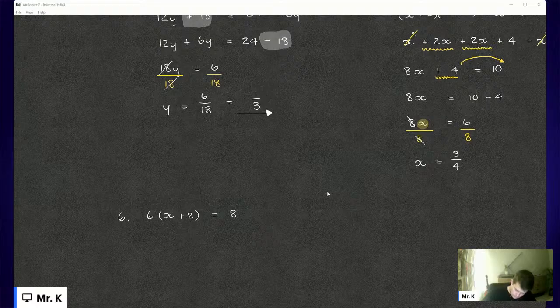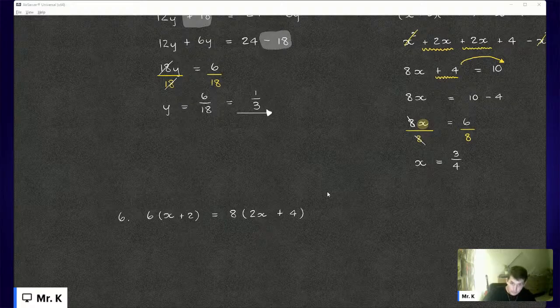This is another example of just being able to use the distributive law, guys.